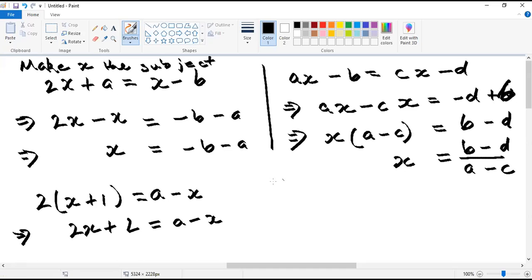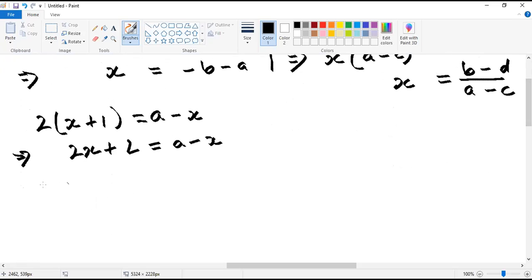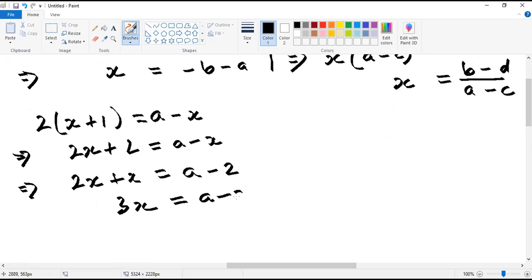And if I move the x terms, so this one is not too bad again. And then let's do a minus 2. So I have 3x equals a minus 2, divide both sides by 3. So we have x equal to that. Lovely.